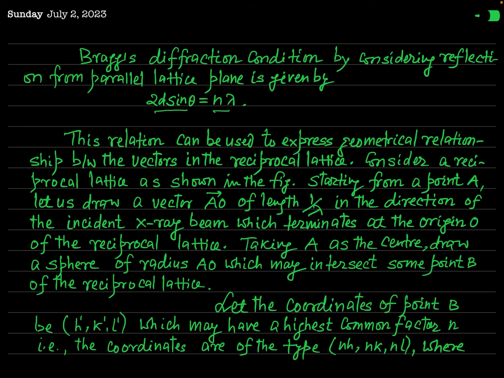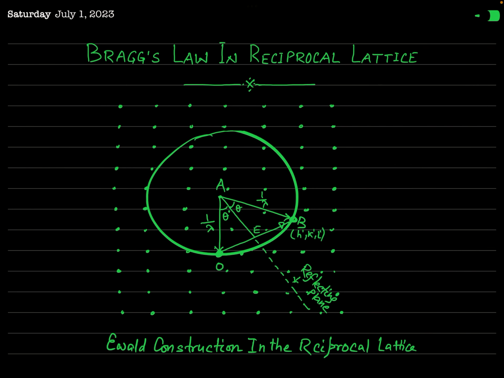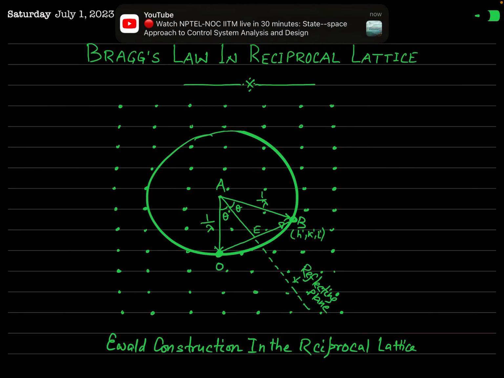This is the very simple mathematical form of Bragg's law. And as you know, this law can be used to express the geometrical relationship between the vectors in the reciprocal lattice.